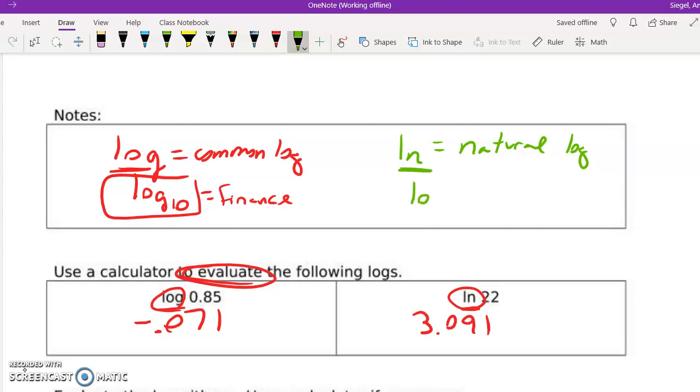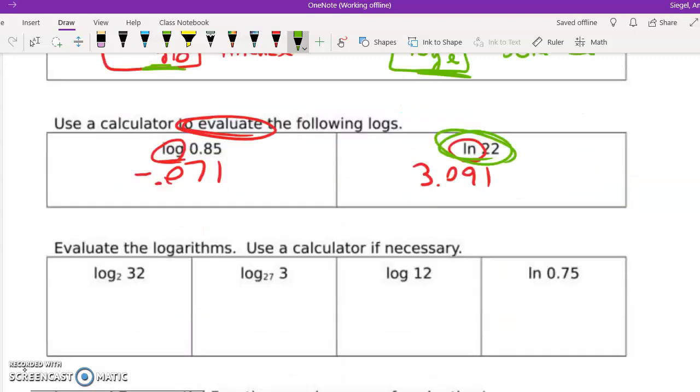And so what that is, it's going to be log base E. So when you type it in on your calculator, you don't really need to know that. But later on, it's going to become important that you know that the common log is log base 10 and the natural log is log base E.